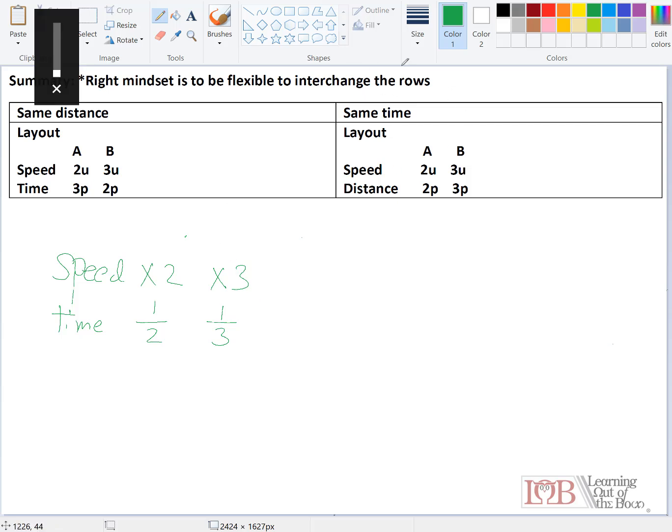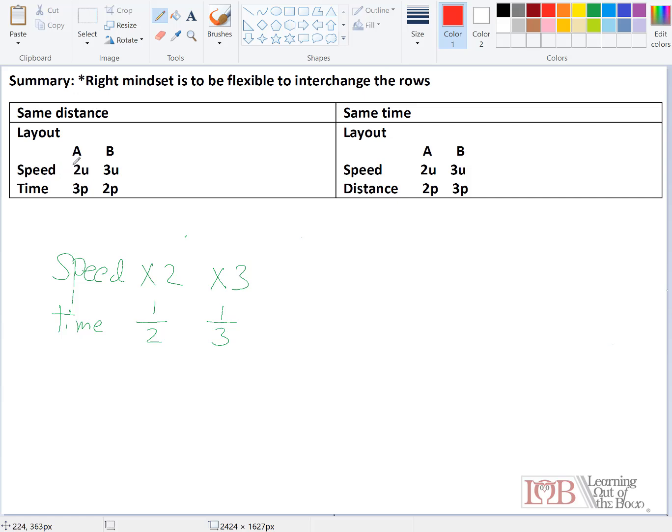Okay, so you can see the table above. So when you are comparing the relationship between speed and time, so in this case, under same distance, that means the distance covered is the same. Let's say vehicle A and vehicle B. Yeah, so in this kind of question, you need to see two vehicles or two persons. So the story about the speed question is always about comparing between two things.